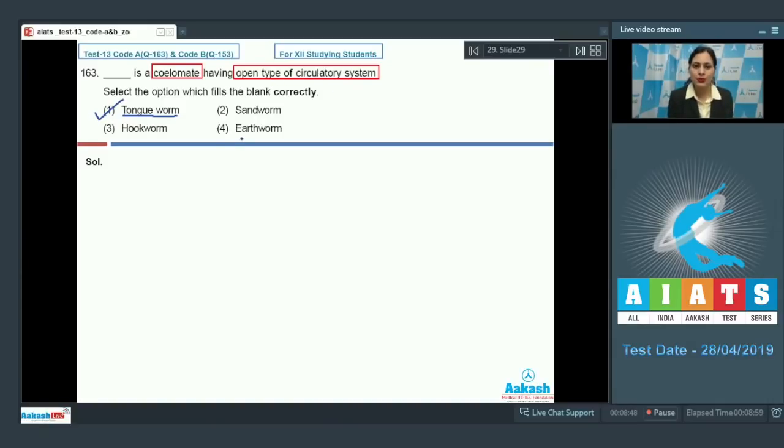Let's discuss rest of the options. The next option is sandworm, and this cannot be a correct answer. Sandworm is a common name for Nereis. Nereis is an annelid, and annelids are true coelomates, but they have closed type of circulatory system. The next option is hookworm, and this cannot be a correct answer because hookworm is pseudocoelomate.